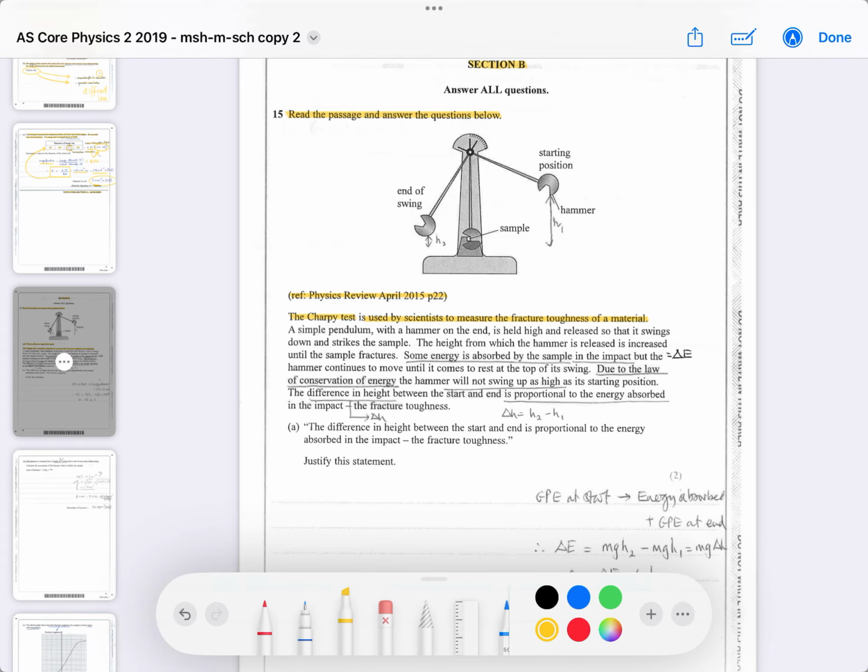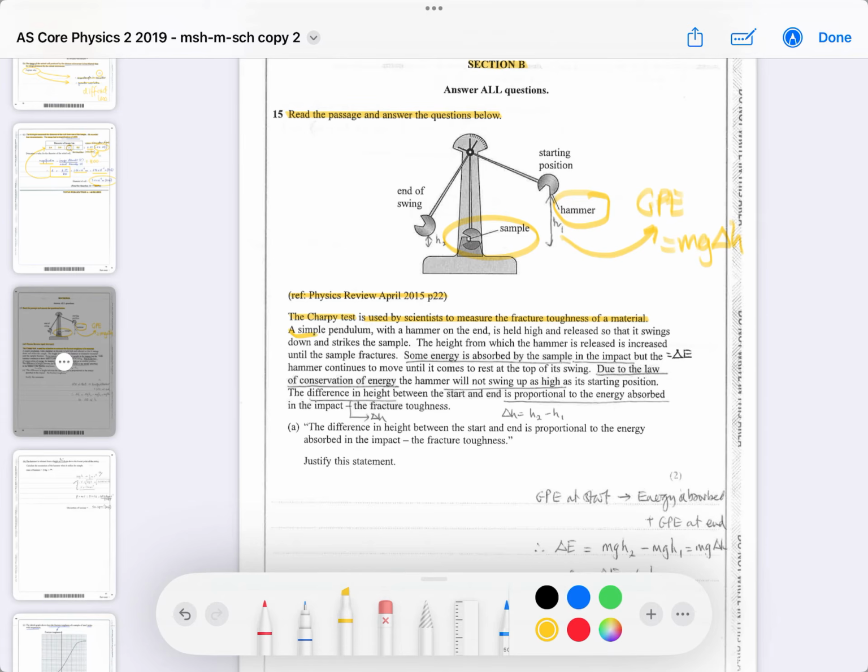under the action of this hammer that falls on a sample that's placed here, so you're using gravitational potential energy, and this is the height, which is mg delta h. It loses height, hits the sample, and they test it that way.